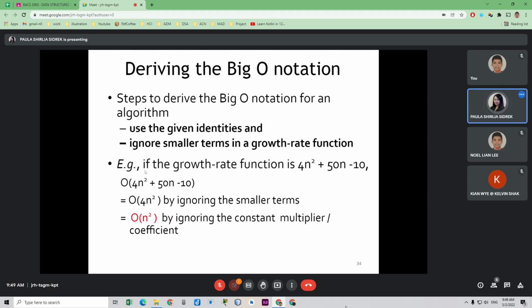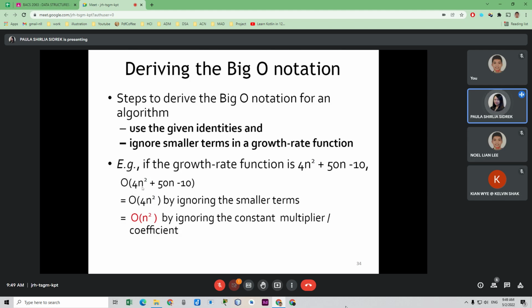For example, if the growth rate function is 4n squared plus 50n minus 10, it is computed this way: inside the O notation you put 4n squared plus 50n minus 10, and then you derive that. You ignore smaller terms in the growth rate function, and all these identities are given.